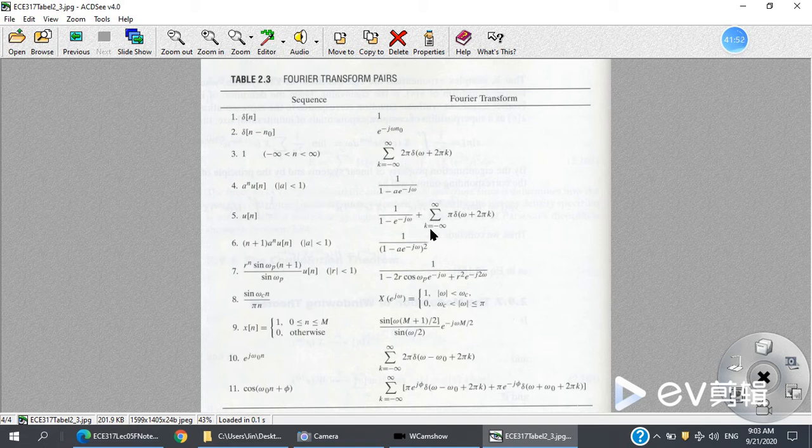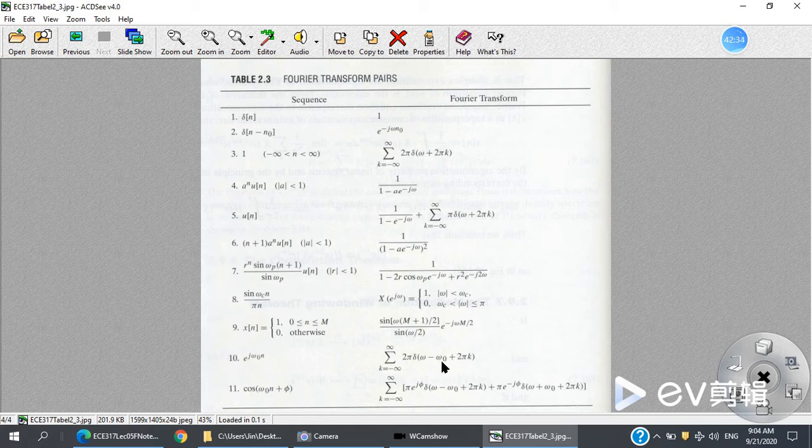And the u of n, we have a sequence of parts, and we have more here. We have 2 here. Here's an exponential power. Then here's also a sequence of parts. Here's a cosine. Here's also a sequence of parts. These two are related with the sinusoid, right? E to the j omega 0 n, that is a cosine omega 0 n and the sine omega 0 n. Combine them together. So we have this. Now we can have a look.